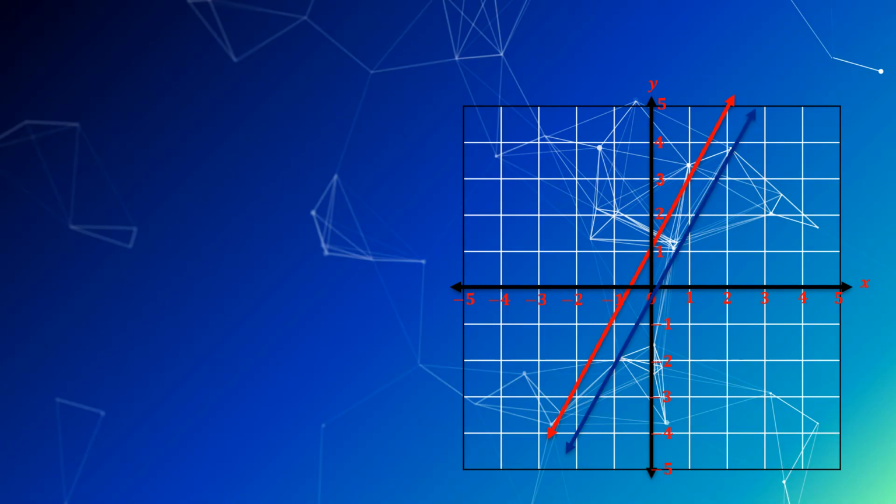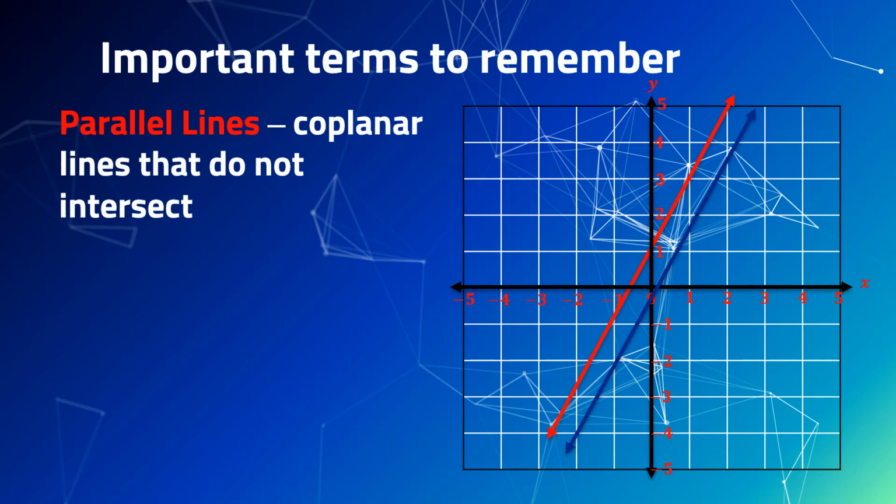Next one is what we call parallel lines. These are coplanar lines that do not intersect. When we say coplanar lines, these are two lines that are drawn on the same plane. So parallel lines are coplanar lines that do not intersect.